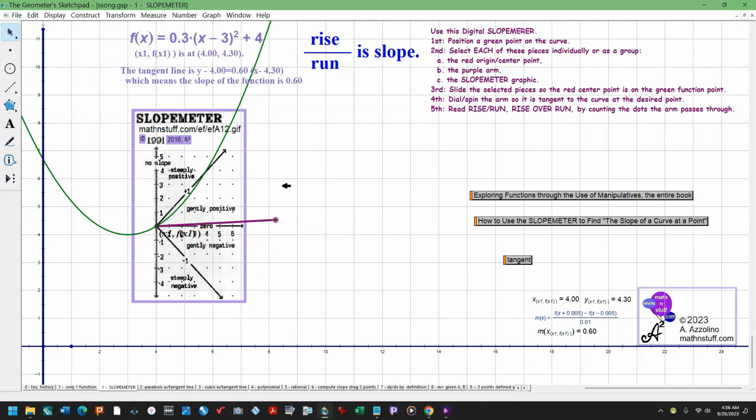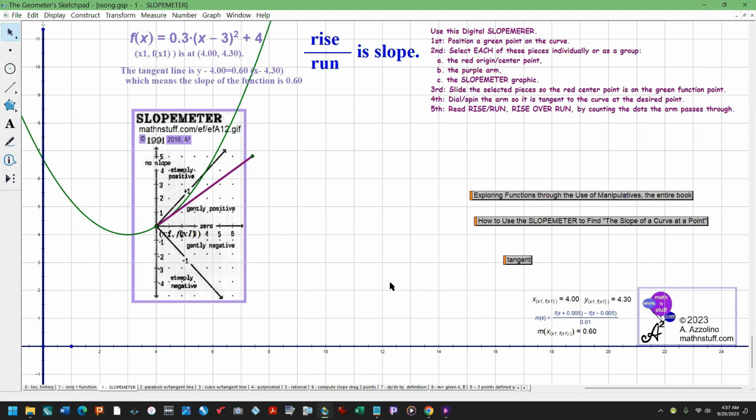But the arm is what's giving us the ability. That is, here, here. No, that's not quite the tangent. There we go. And estimate it by that. But that arm gives us the ability to look at the slope.